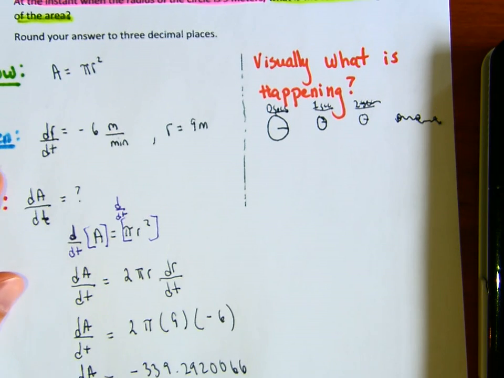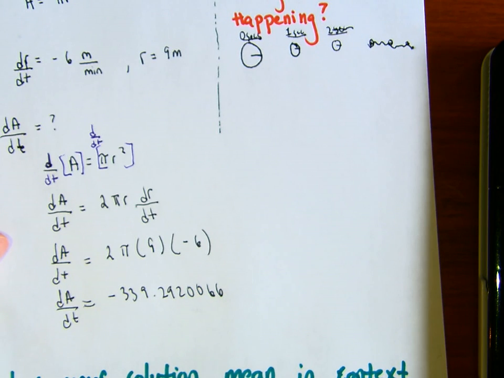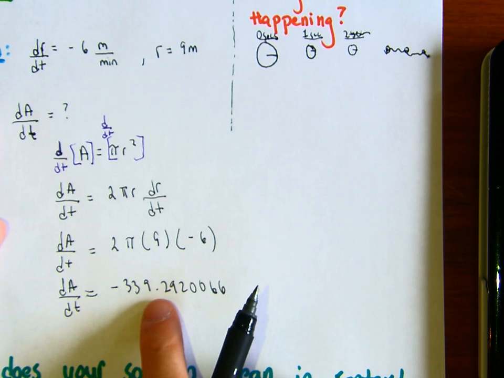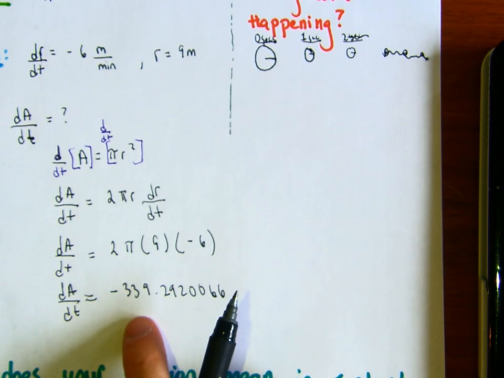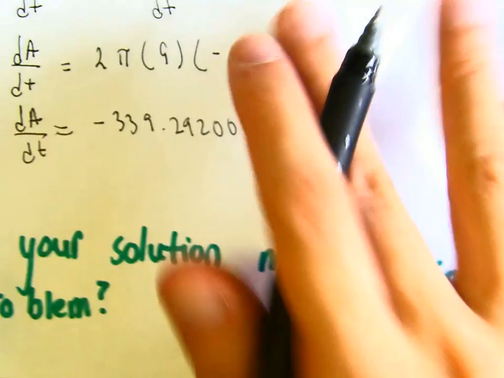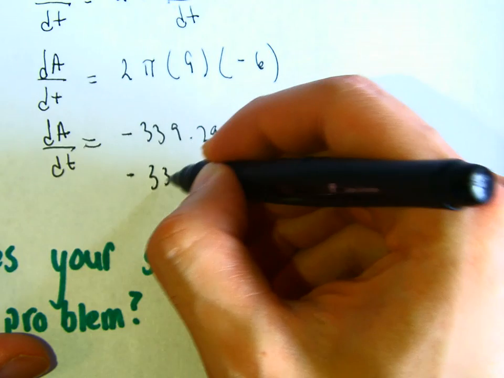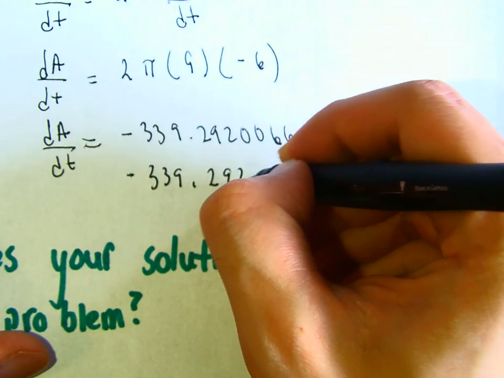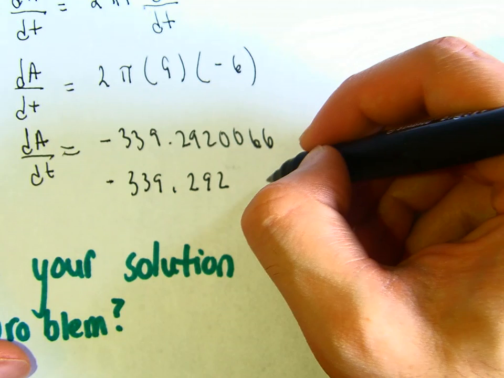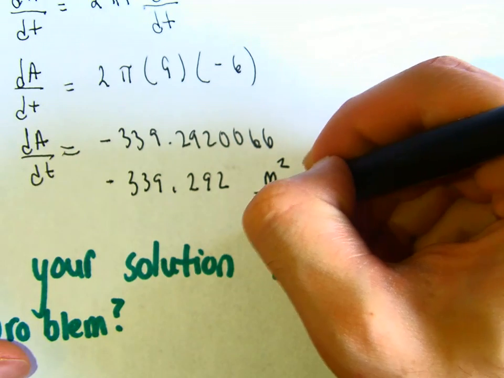Now let's just be very careful. We're not done yet with this number. What does this solution mean in the context of the problem? It's saying every second the area is decreasing, and don't you remember we have to round it. So let's round this number to 3 decimal places: negative 339.292. Now, how would you finish this off? Notice it has to be meters squared per minute.